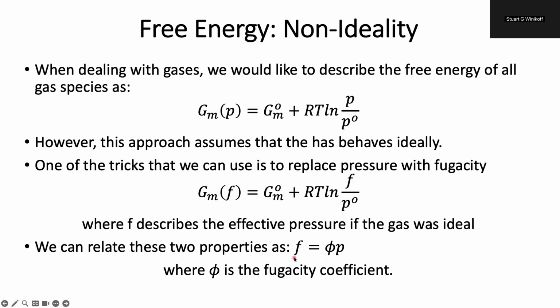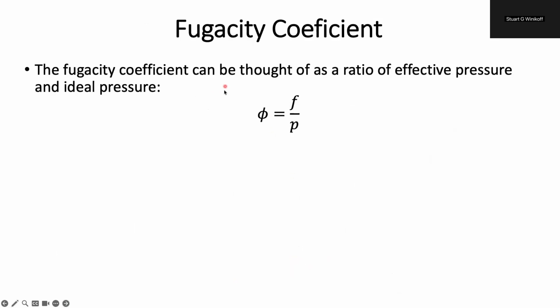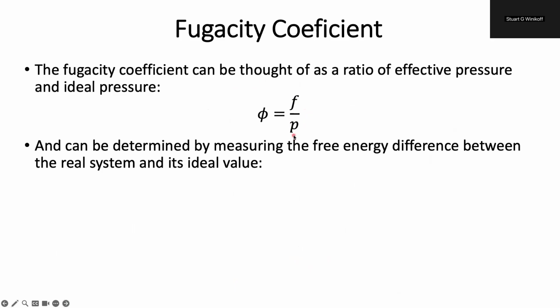If it's 1.3, it acts like it has 30% more pressure than it actually does. And so that coefficient can be thought of as the ratio of the effective pressure to the actual or ideal pressure.